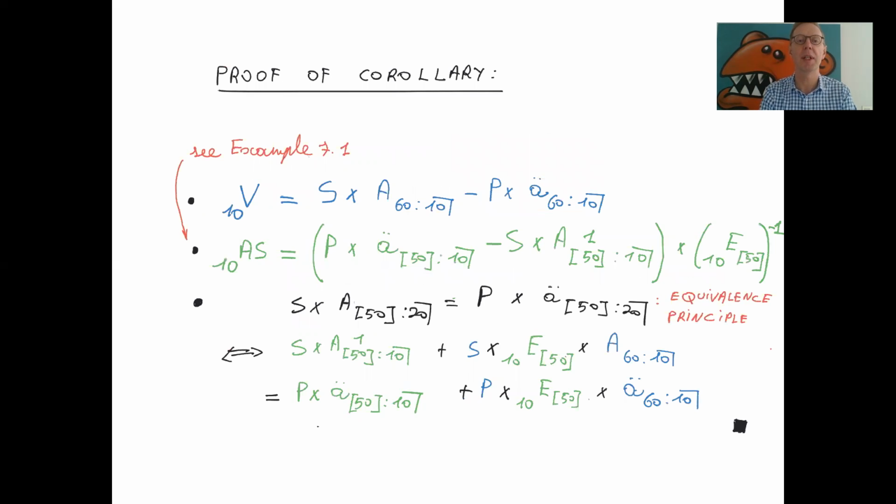The proof of this corollary is given here. We know that the policy value at time 10 is equal to the actuarial value of future benefits minus the actuarial value of future premiums. We know that the asset share is given by this expression. We derived this in example 7.1, but it is essentially calculated as follows. This is the actuarial value at time 0 of all the premiums paid in the period between age 50 and age 60.